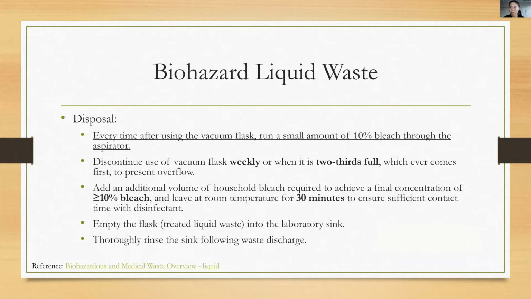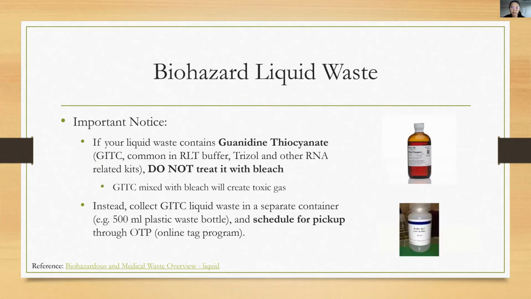It can not only disinfect the aspirator, but also put a little bit of bleach into the vacuum flask to disinfect that. And again, do not mix guanidine thiocyanate with bleach. Schedule it for pickup instead.